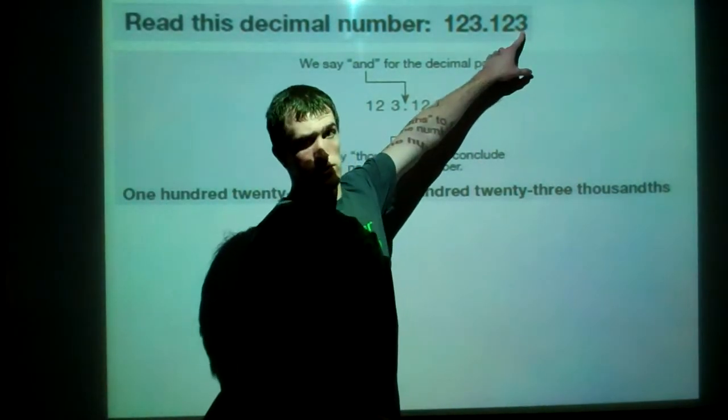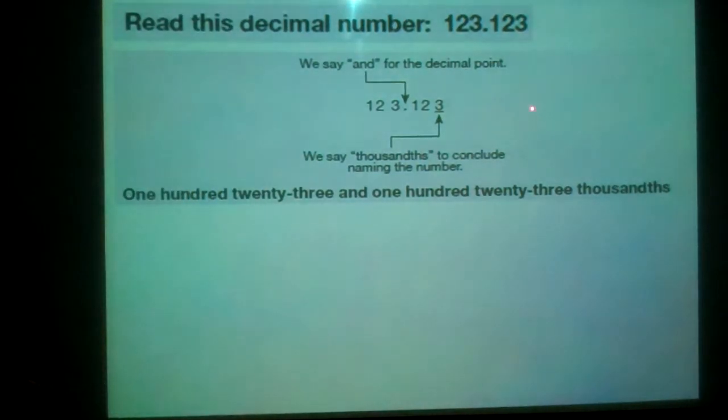So this is our thousandths. And we're going to read this just like 123 as well, but we're going to add thousandths to the number. So if we read this whole thing out loud, it would be 123 and 123 thousandths. So that's how we would read that number.